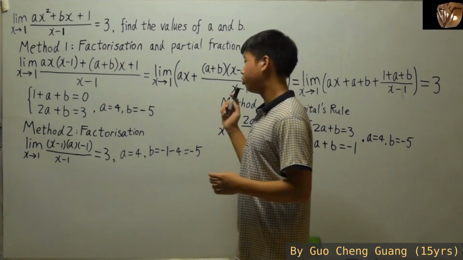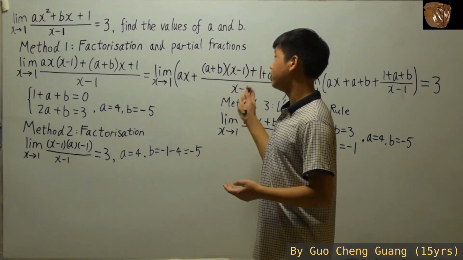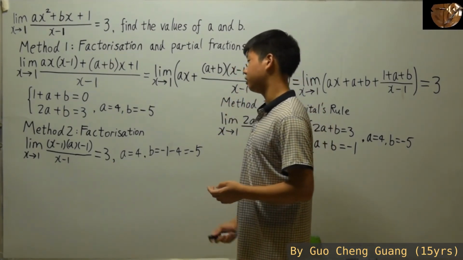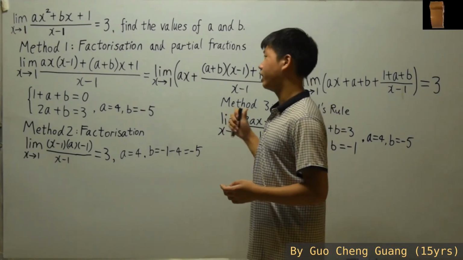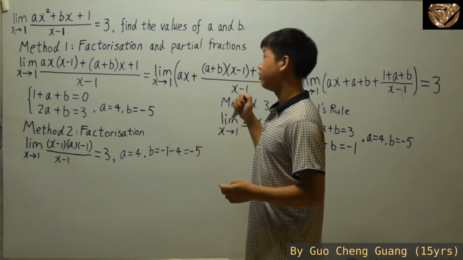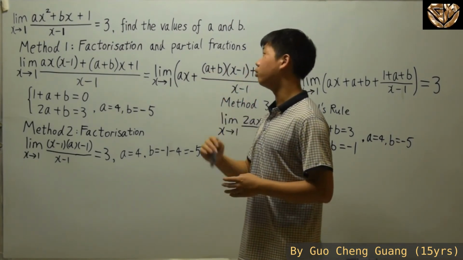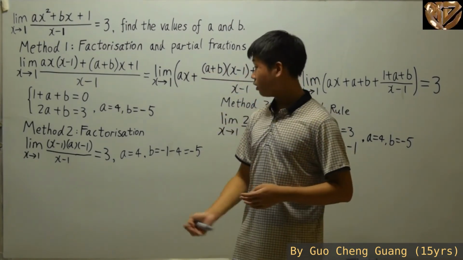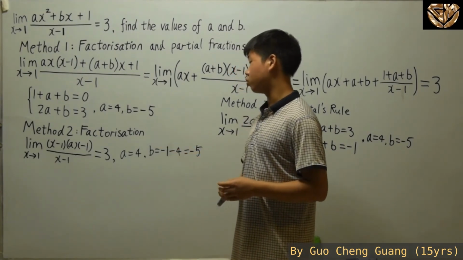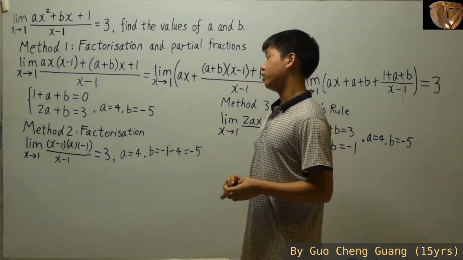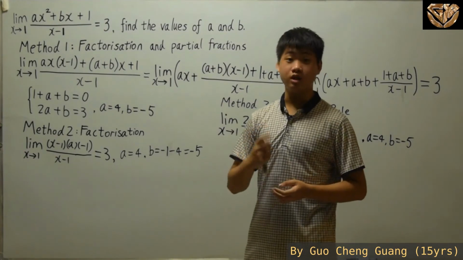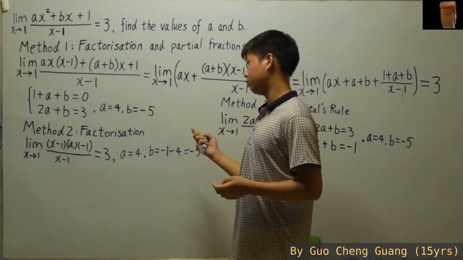And next, for your second method, which in this case is a different kind of factorization, you already have the mentality that there's something you take from within the numerator, and in this case there will be an x minus 1.